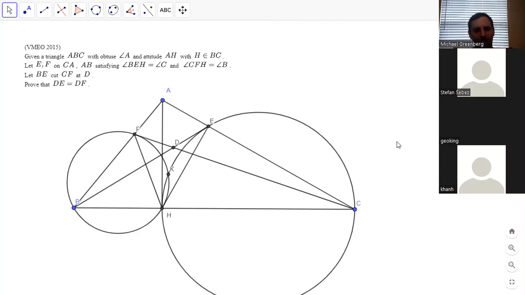Yeah, I don't think it is useful, but it looks cool. By power of a point, BE squared is BH times BC, and then you do the same for CF and add the two. That is interesting. So those three lines can form a right triangle.